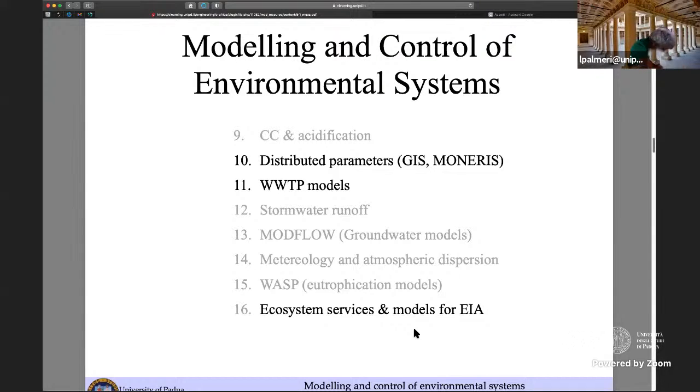And in order to explain this approach, I will present you a software tool, a model that is called MONERIS, an acronym that stands for Modeling Nutrient Emissions into River Systems.